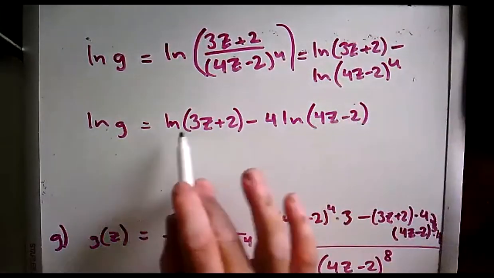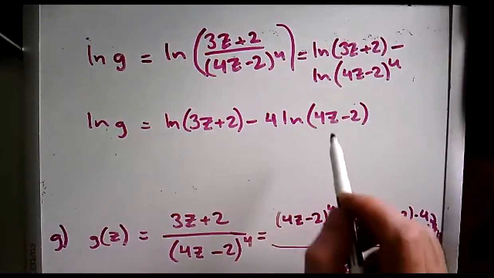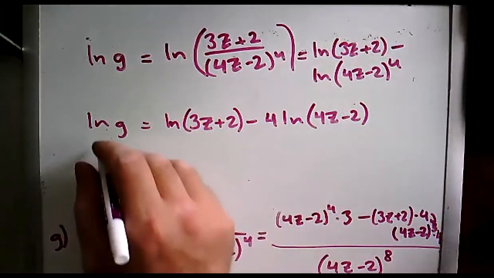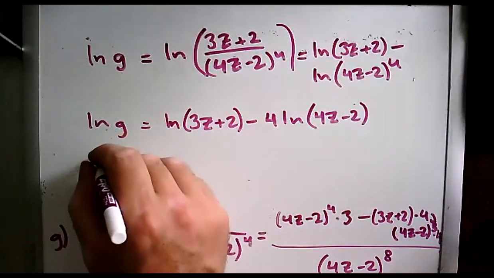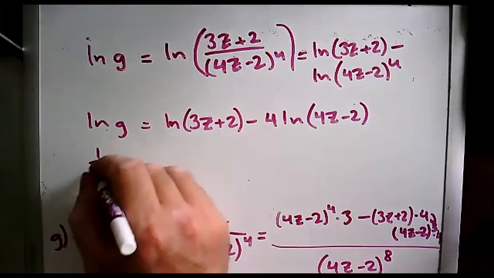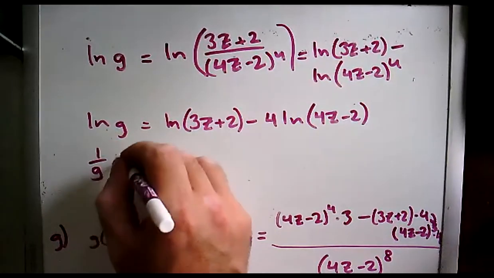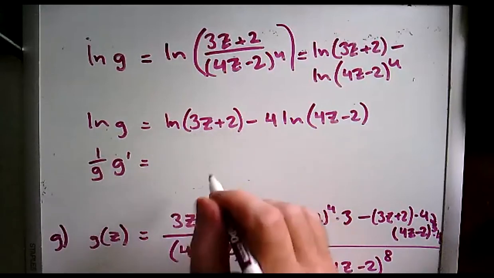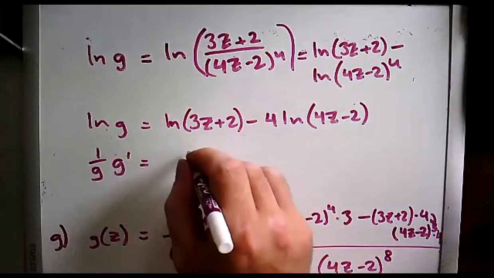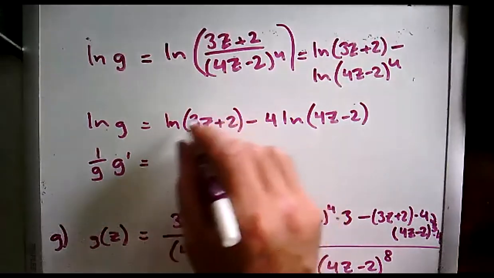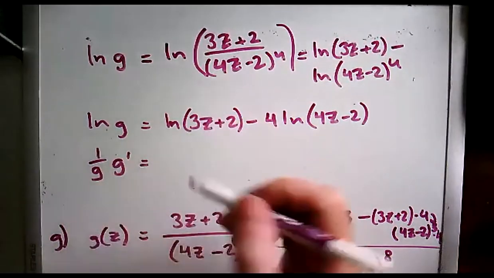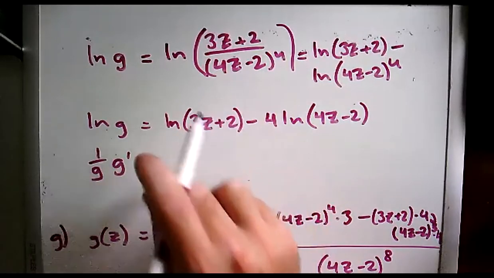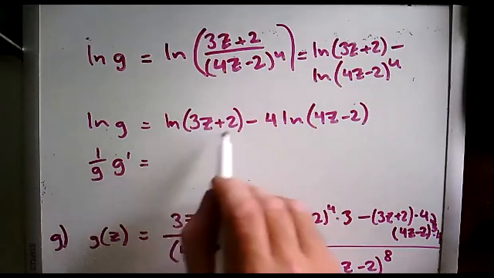And my claim is that this is actually pretty easy to take the derivative. There's a very tiny bit of chain rule, but when we take a derivative here, the derivative of natural log G is just 1 over G times G prime. The natural log of 3z plus 2, okay, well, the derivative of the natural log function is 1 over our inside function times the derivative of the inside.